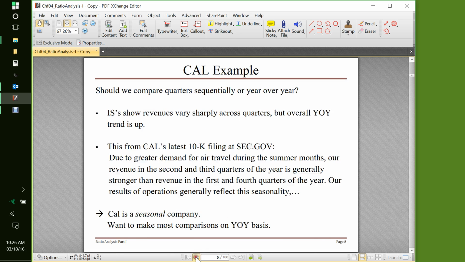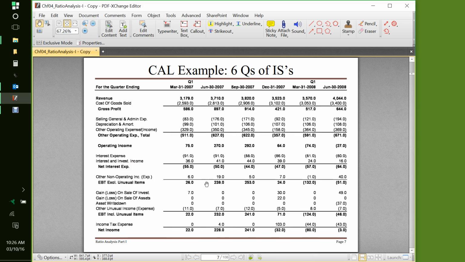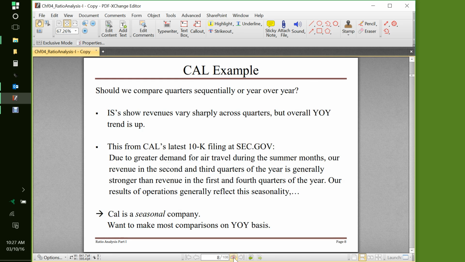We got it by dividing here 2,593 by 3,197, and etc., etc. For every number in this column, we divided it by 3,179. Then we go and do the similar thing with this column and do the same thing for all the remaining columns.